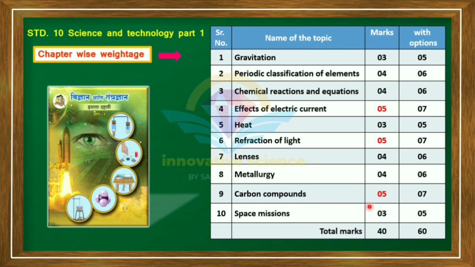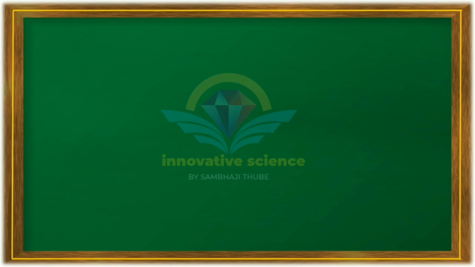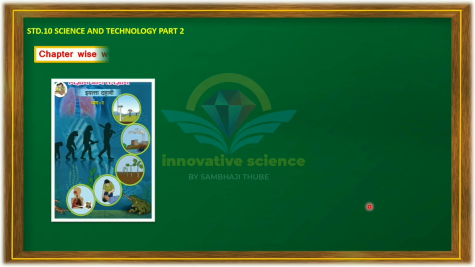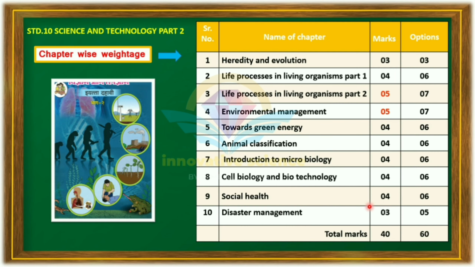Now let us see chapter wise weightage for Part 2. See this table also. I have written chapter-wise weightage for 10 chapters. Carefully observe this table and what type of weightage is given for each and every chapter. Here also two red numbers are given, and those numbers are given to the chapters: life processes in living organisms Part 2 and environmental management.